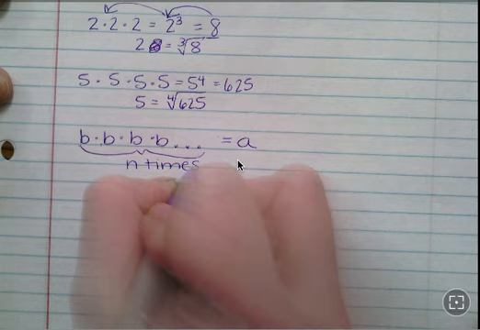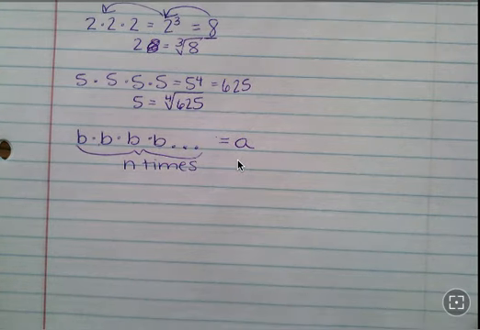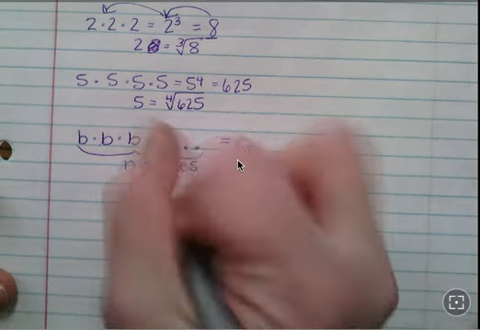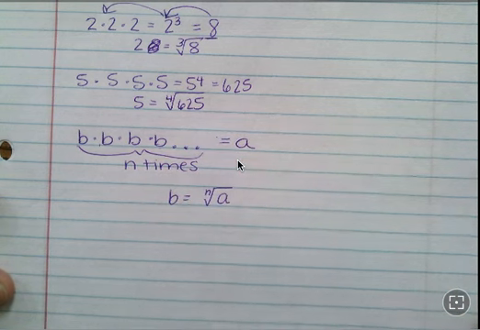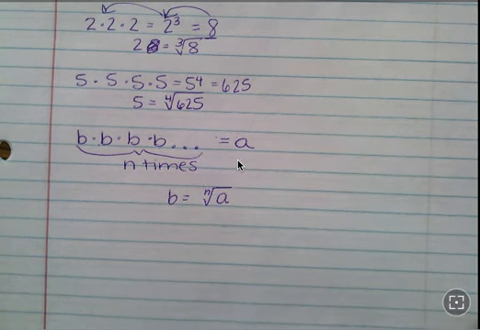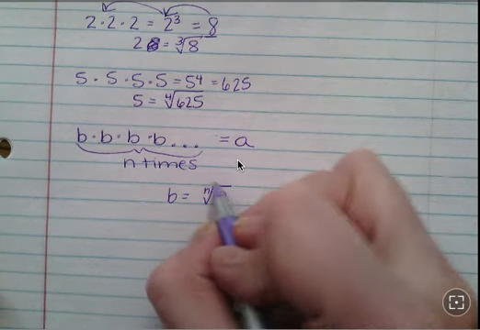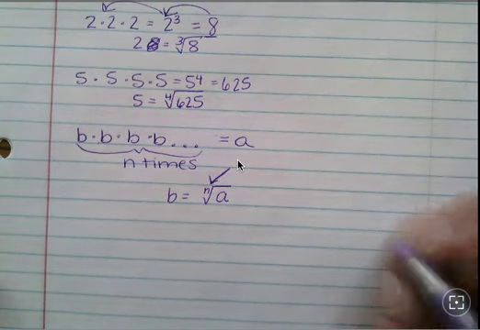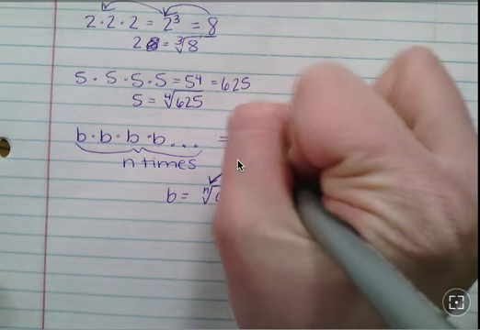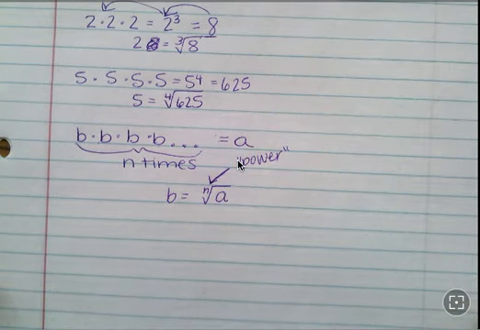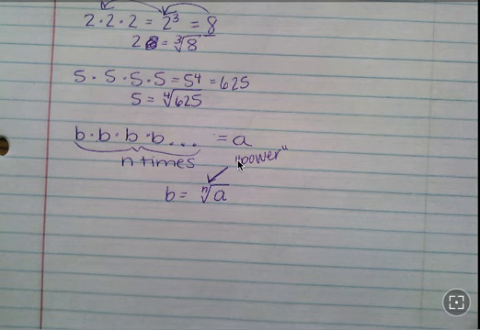So it's however many times we're taking that number and multiplying it by itself. We say that b is the nth root of a. Okay, so basically this n here comes from the power that we multiplied with. So that's helpful.